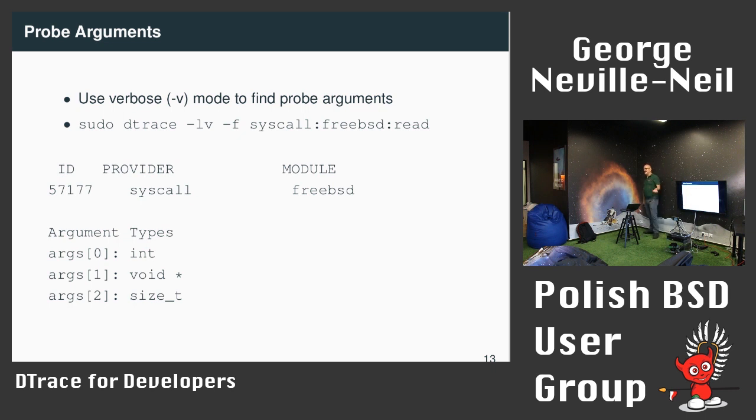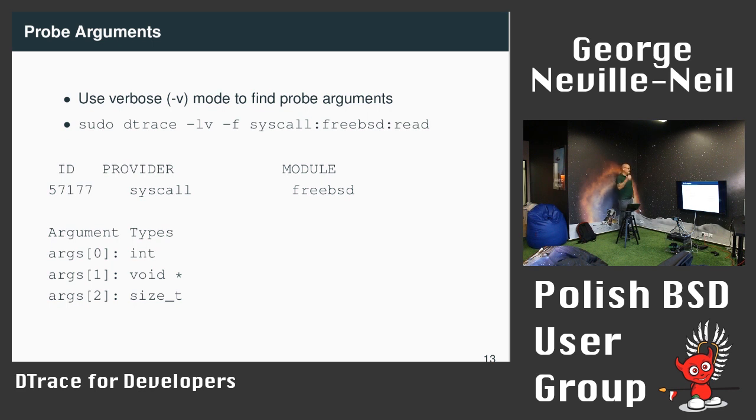So you can do -lv and find out more about, you don't have to go read the source code to find out what the arguments are to a function. You can ask DTrace, which is probably a lot easier than using cscope and global to look through 10 million lines of FreeBSD. So this is how you find the probe arguments.